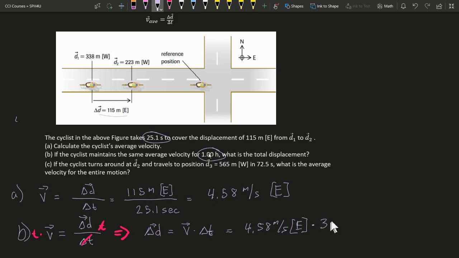So I'm going to go ahead and do that, 3,600 seconds. And if you look closely here, my seconds cancel, leaving meters as my only remaining unit. And boom, that's a displacement, which makes sense. So I'm going to get a final solution here of, I don't know, what's it going to be?